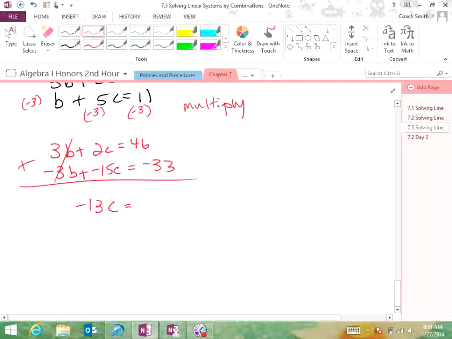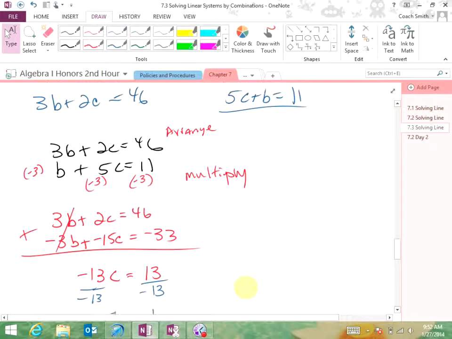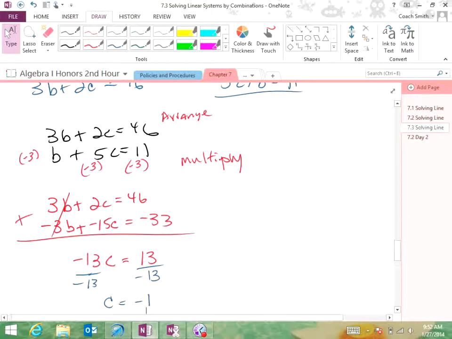Negative 13, isn't it? Or 13, positive 13. So then that gives me divide by negative 13, divide by negative 13, and that gives me c is equal to negative 1. Then I plug that in to one of my original equations.